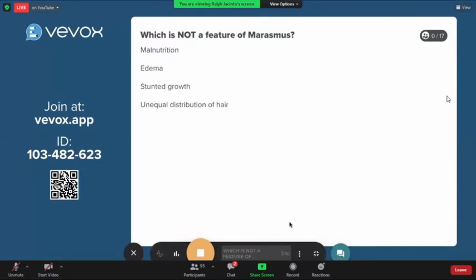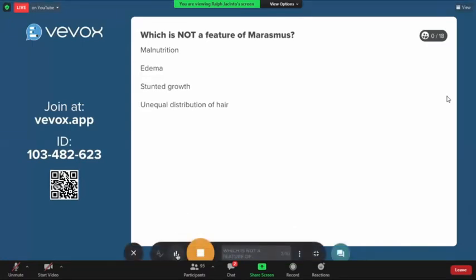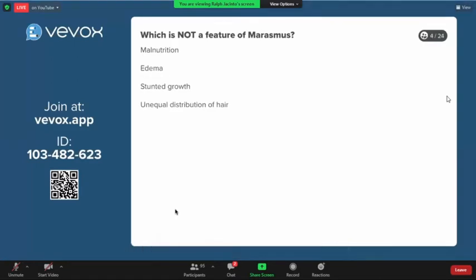So please answer which is not a feature of marasmus. So when we say marasmus, this is under malnutrition, protein energy malnutrition.